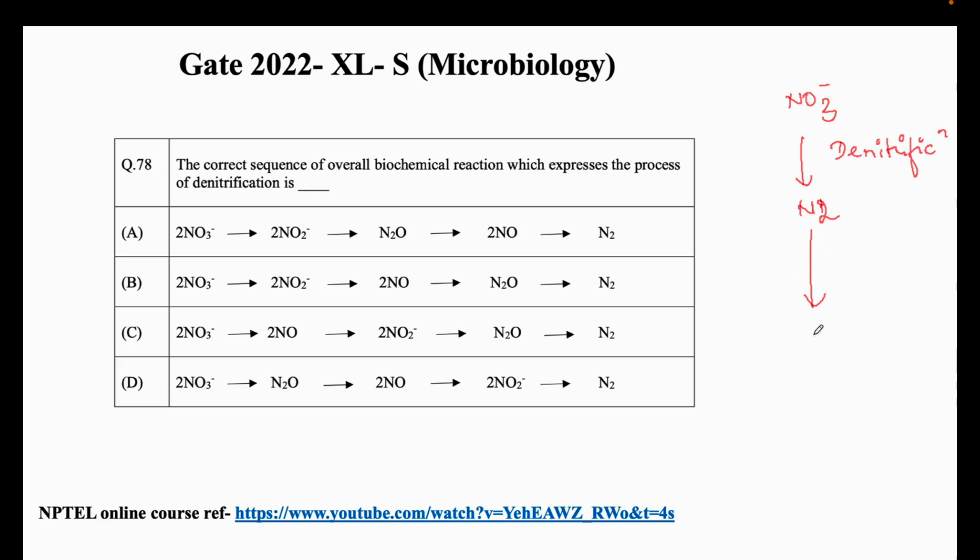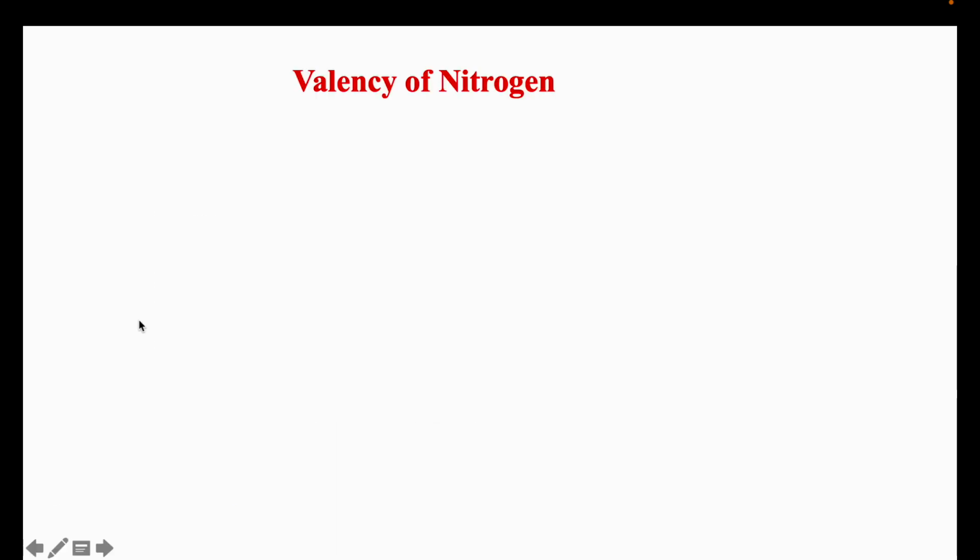From elemental nitrogen to the highly reduced form, this process is nitrogen fixation. You don't need to remember all this pathway. You can simply calculate the valency of nitrogen and find out which is more reduced and which is not. So how do we find the valency of nitrogen?